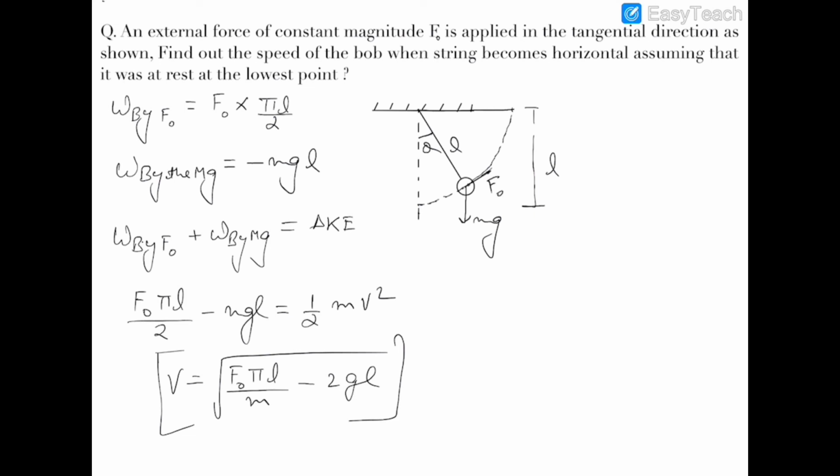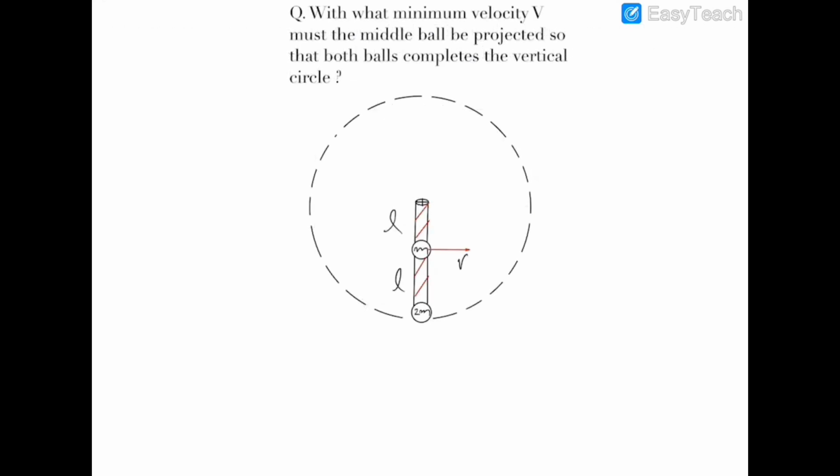Thank you. In this question, there are two balls which are connected to the rods as shown in the figure, and we need to find out the minimum velocity v which should be given to this middle ball, so that this system completes the vertical circle.